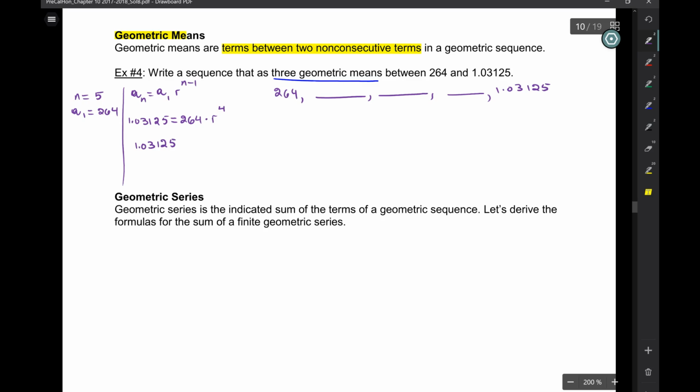Word to the wise, don't round in the intermediate steps here, okay? So we're going to divide by 264, and that's going to be equal to R to the 4. How do I get rid of the 4? To the power of 1/4. Guess what R is? Oh my God, it's 0.25. Okay, it's a quarter. All right?